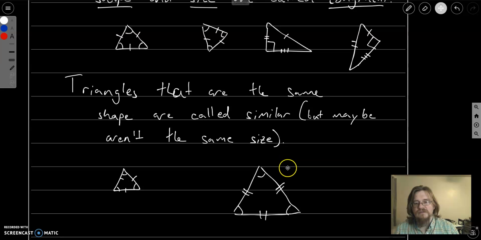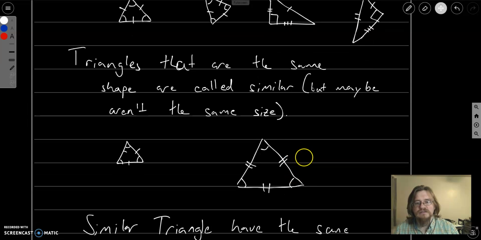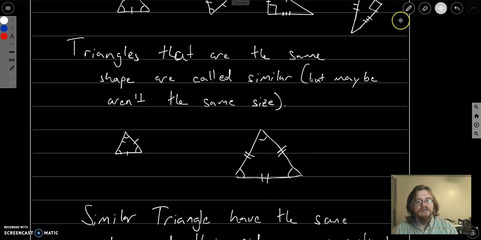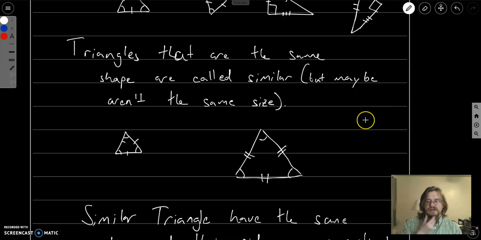Triangles that are the same shape are called similar, but they don't have to be the same size. So for instance, here are 2 equilateral triangles. They have the same side lengths, all 3 of their sides are the same. And we'll notice that they are the same shape, as in all of their angles are the same.